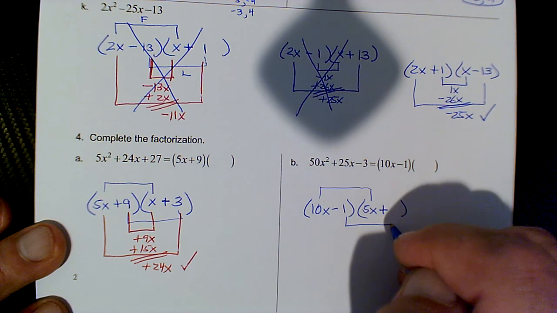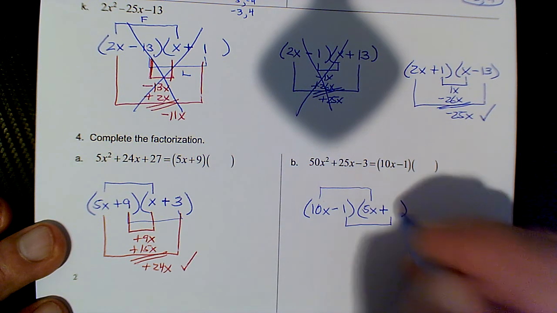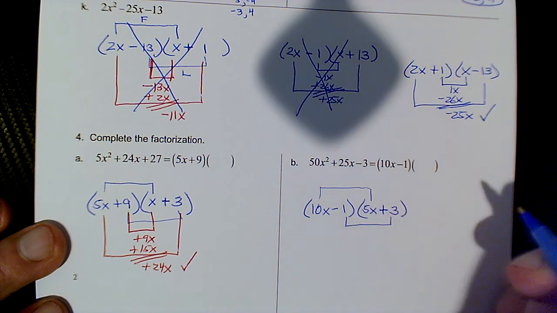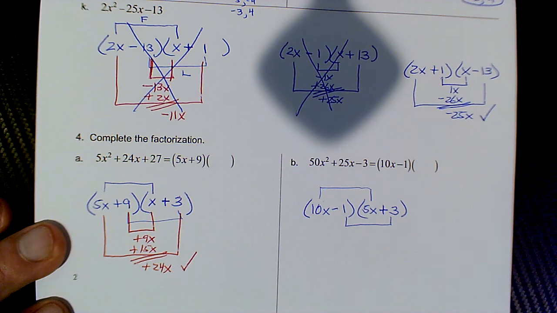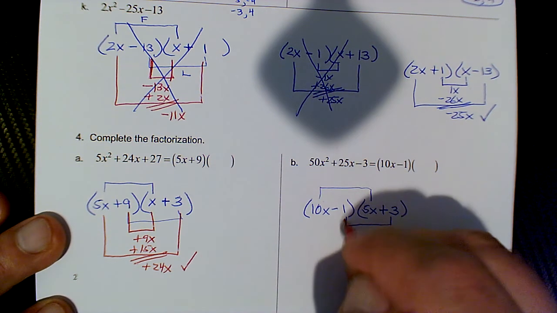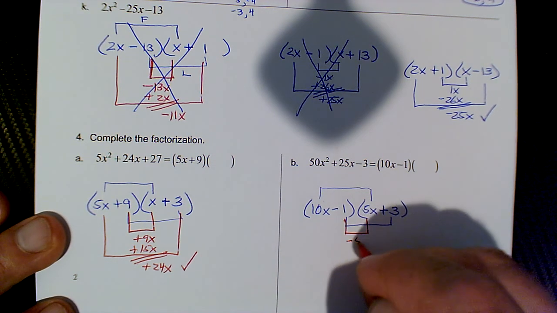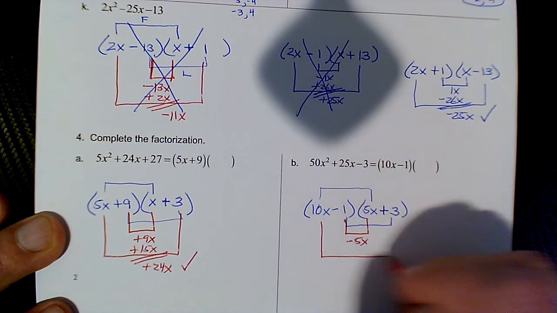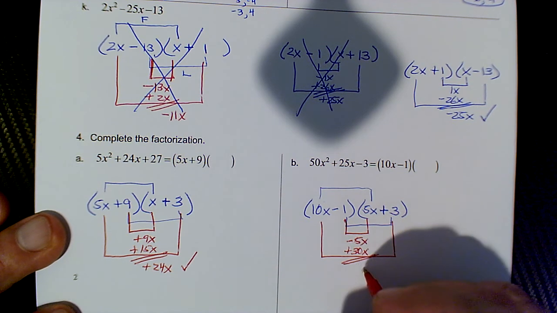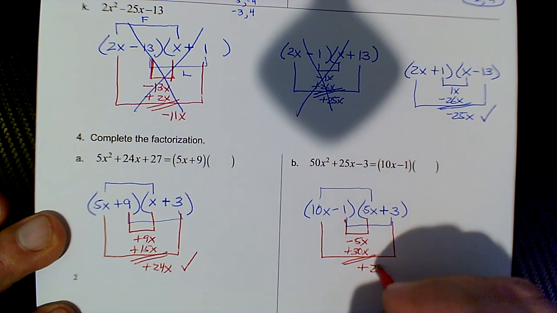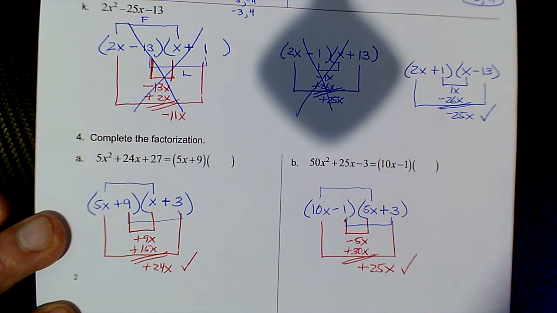But see, we only have one choice here, because the only numbers are 1 and 3 to multiply to give us the negative 3. And then we could check the inner and the outer product again. Get negative 5x for the inners, positive 30x for the outers, combined to give plus 25x, which checks.